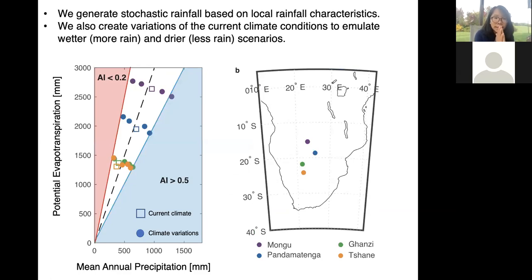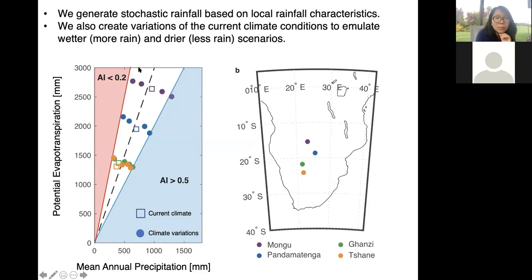In order to emulate the field conditions, we delved into the literature and generated stochastic rainfall records based on the local rainfall characteristics. In terms of the diagram that I showed you earlier, the square points are where the 4 stations fall.